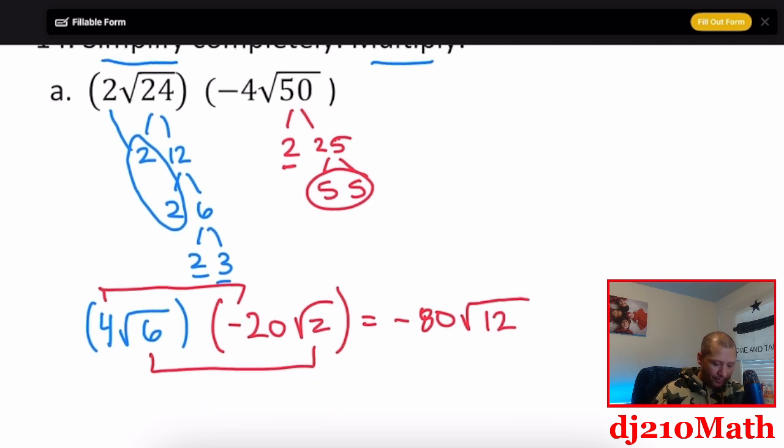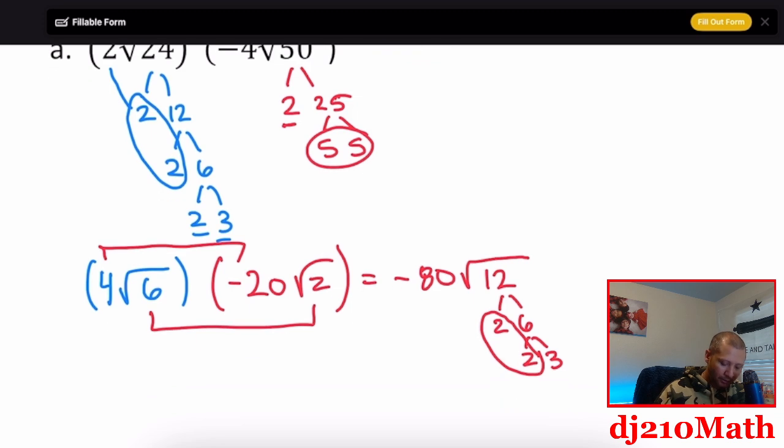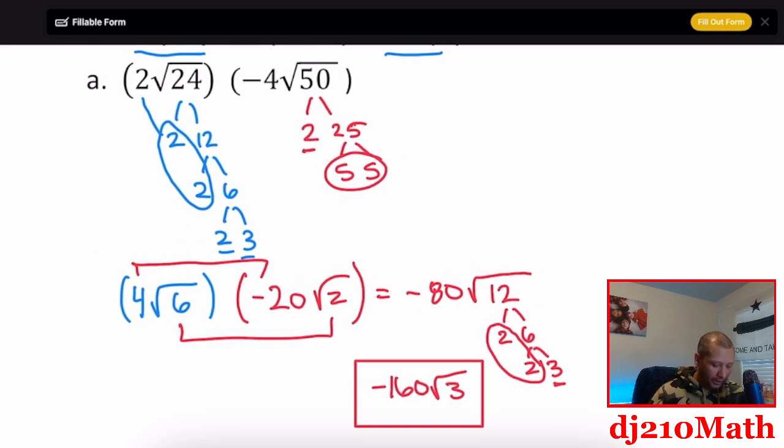Okay. 12 can simplify one last time. 2 and 6. 2 and 3. So this 2 is going to come out against the 80. So negative 160. Root leftover part 3. So here we had to simplify a couple times before, and then we check afterwards.